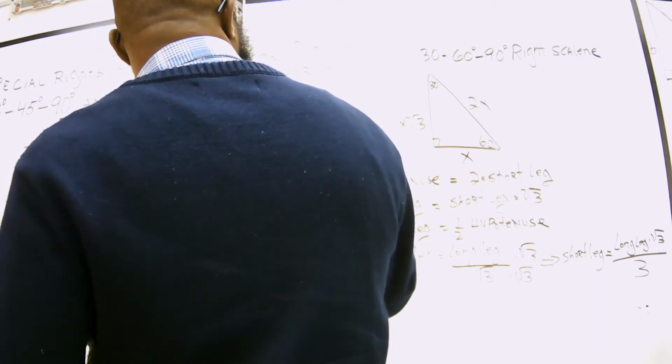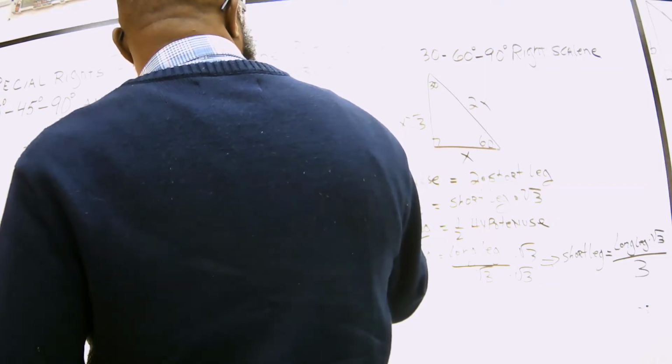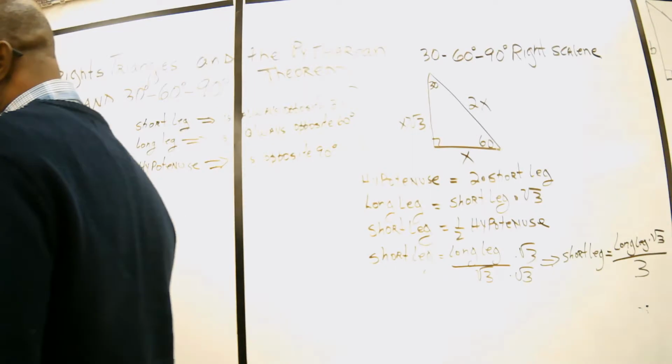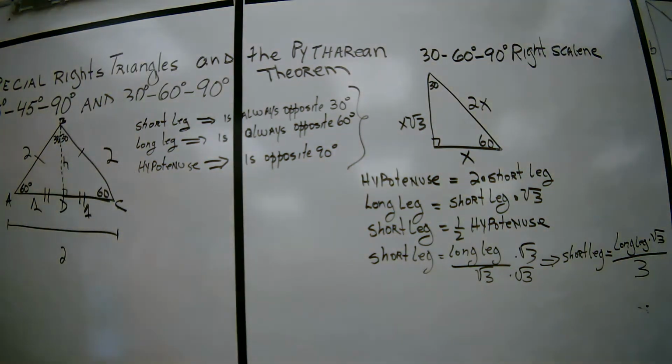Remember that. So you have to differentiate those three terms: short leg, long leg, and hypotenuse. The short leg is opposite to the 30-degree angle, the long leg is opposite to the 60-degree angle, and the hypotenuse is opposite to the 90-degree angle.